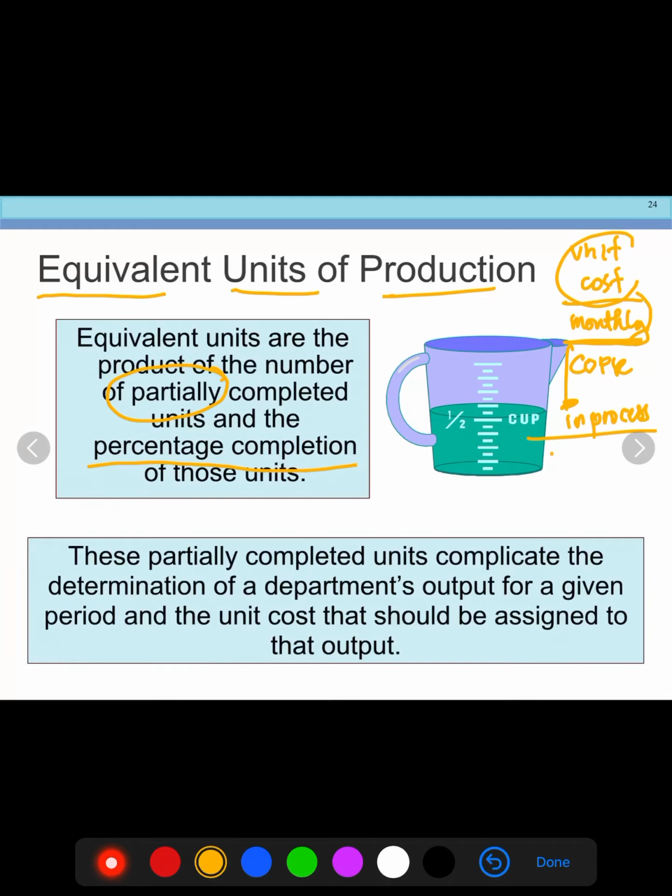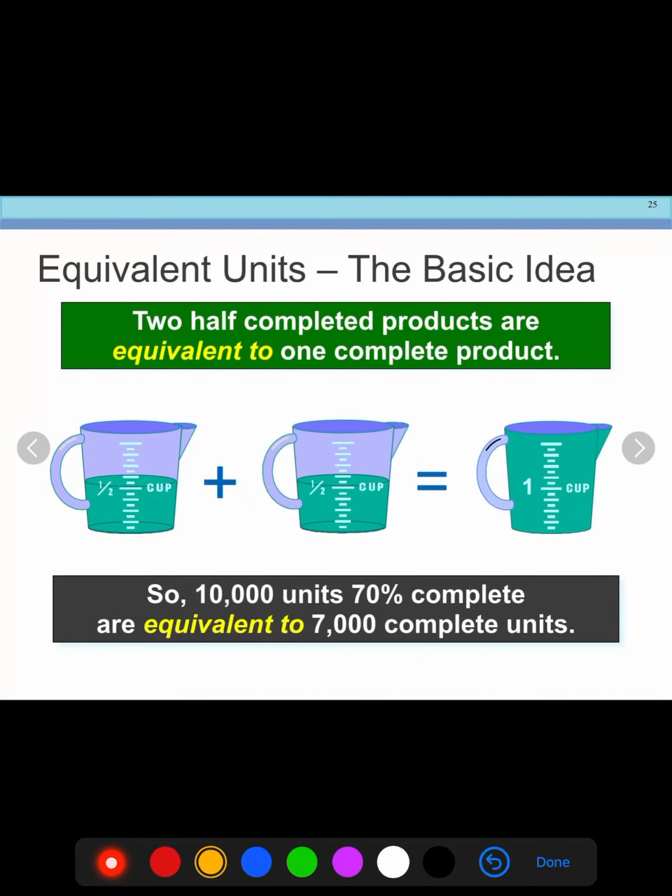And if it is still in process, it means it is not 100% completed. Okay? That is why when you compute for the equivalent units of production, you get the percentage of completion of the partially completed units.